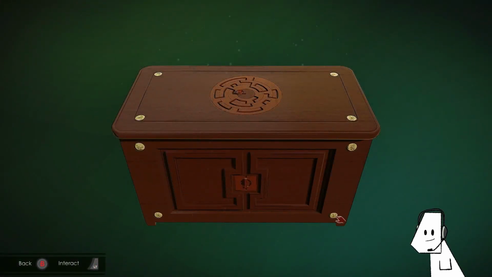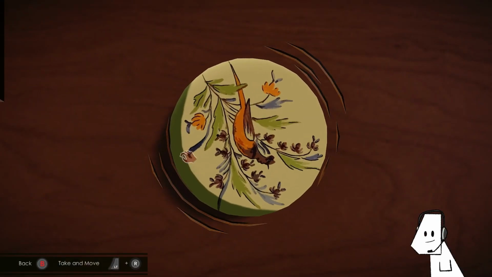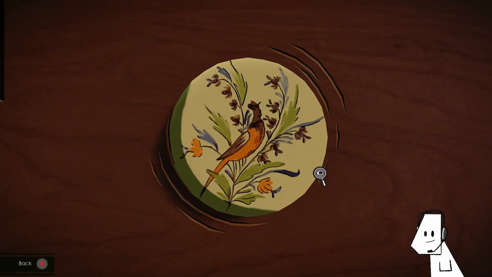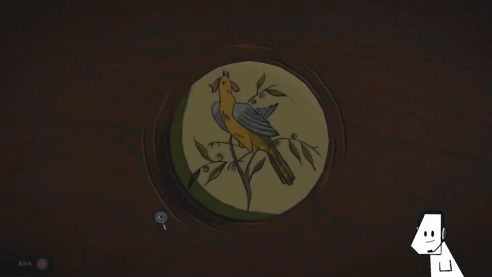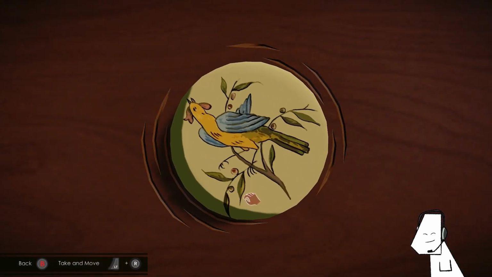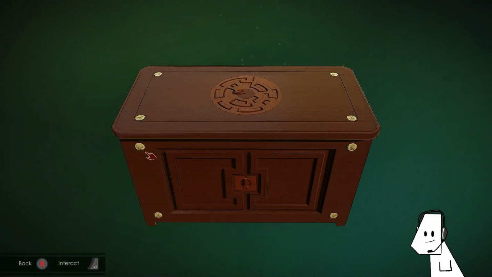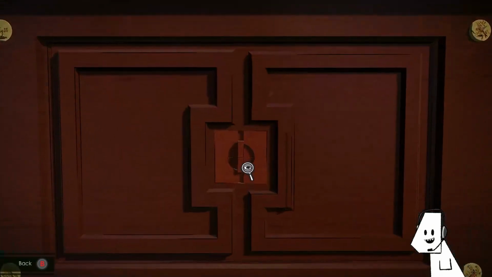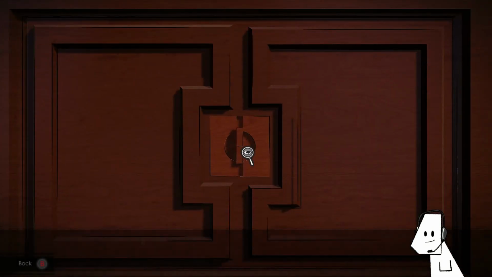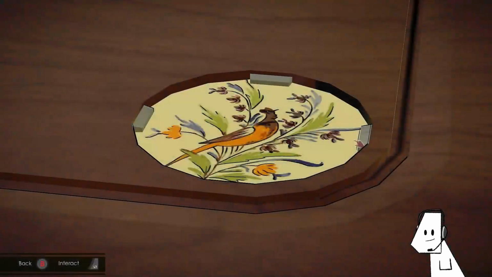Is there anything that would give us a clue as to what is going on here? Did I do it? It is blocked. Okay, I see how that is. What is going on with this table?